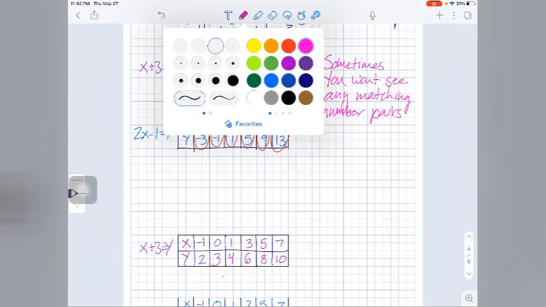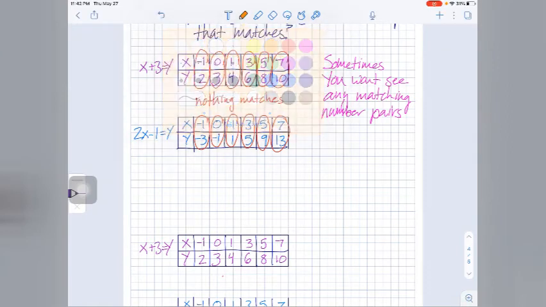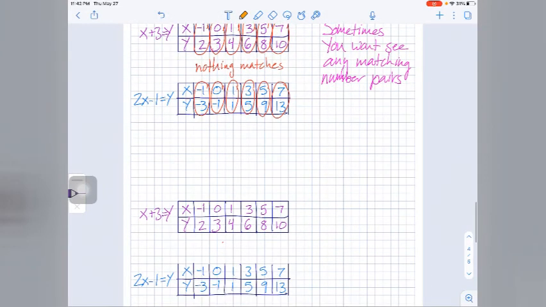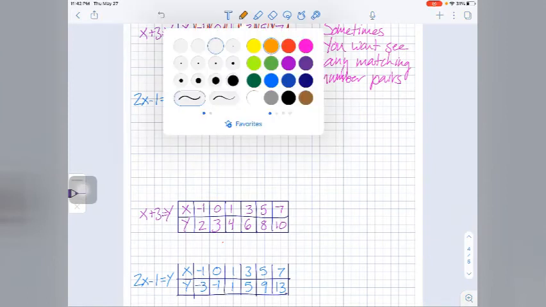So what do we do here? We talked about this in class a little bit, but you need to think about what you know. So think about what you know about how the point of intersection works.